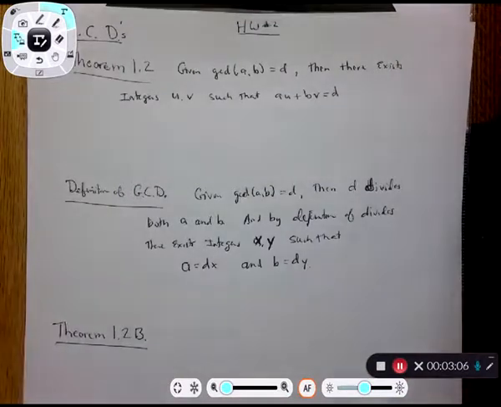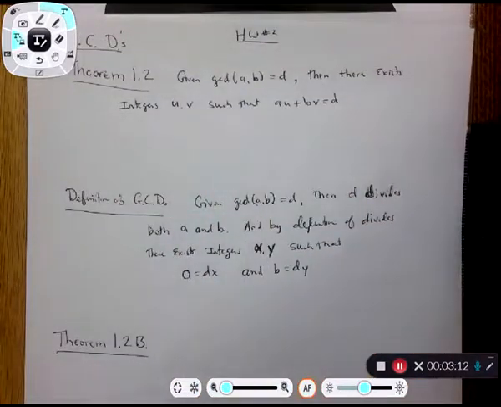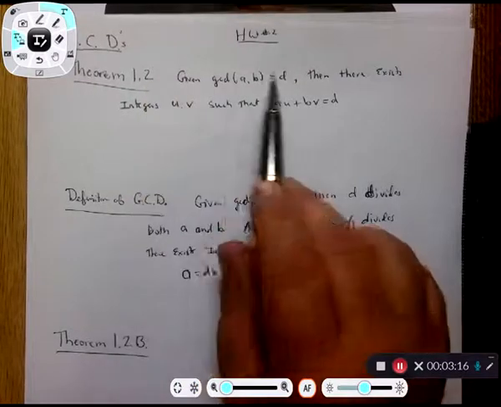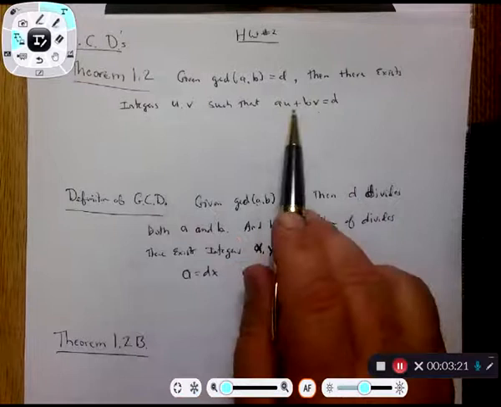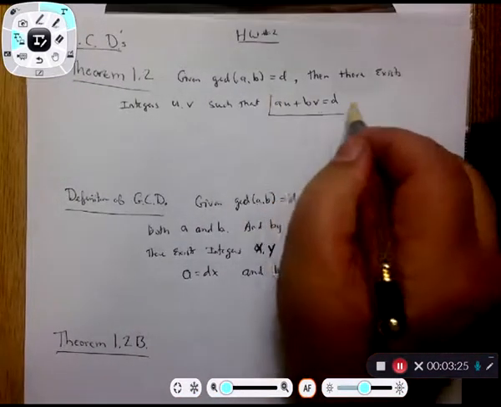So let's look at the strategy here. When you've got GCDs, you really have two options. You can go for Theorem 1.2, which means you take the GCD and you know there exist integers U and V such that AU plus BV equals D. You can get a big equation out of this.